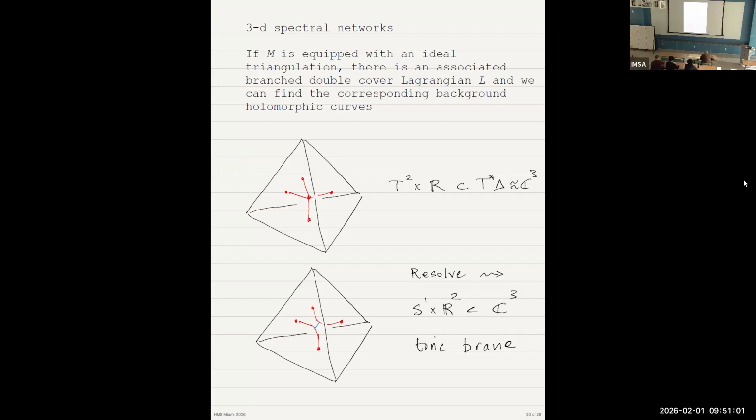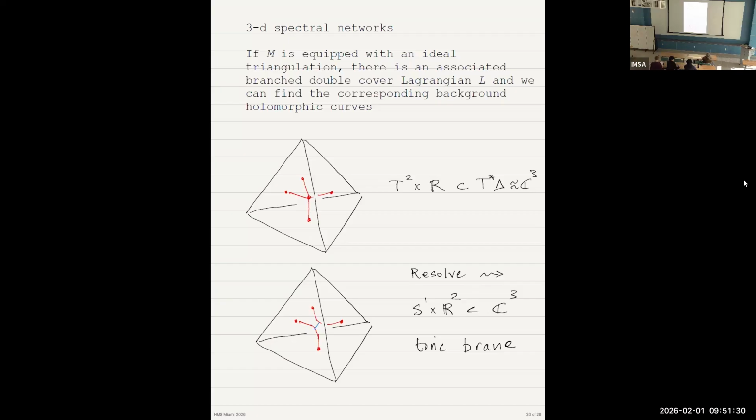So I want to give a kind of examples now of double covers of three manifolds, branched double covers, and it turns out there is a nice way of getting a lot of such examples by what's called three-dimensional spectral networks. So we take a three manifold and we equip it with some ideal triangulation. So it's a triangulation where, of course, the vertices are at infinity.